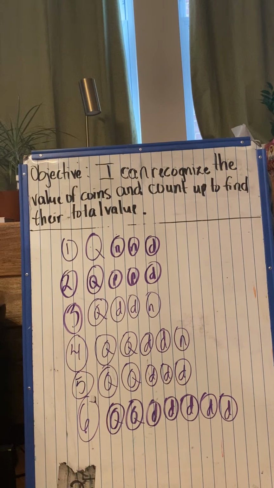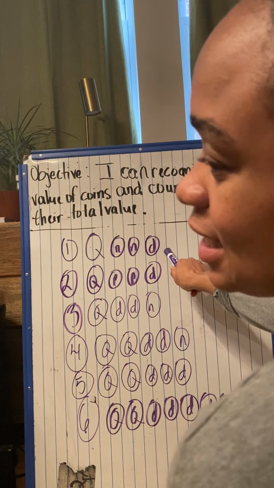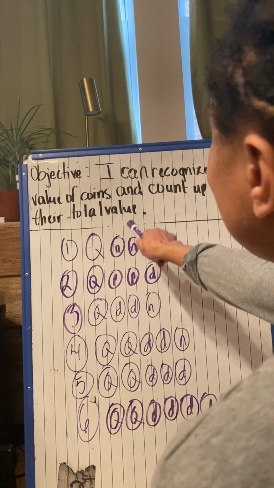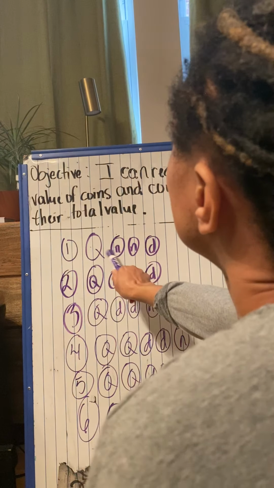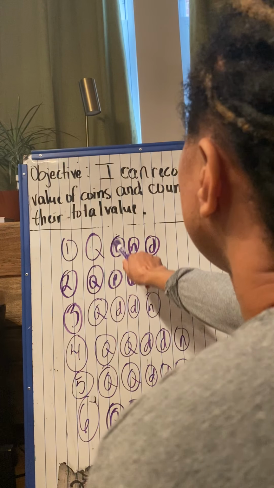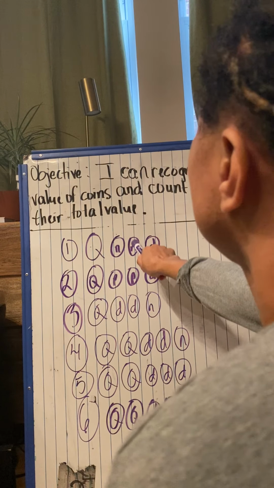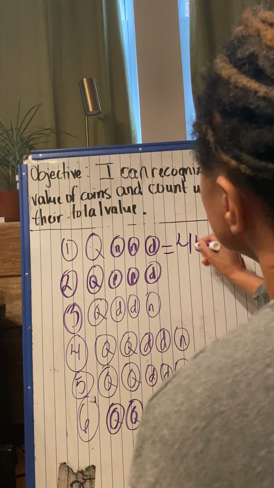You should have said 45 cents. 25, and then I will go to the next highest coin. 35, 40. Or if you wanted to add the nickel to the quarter, you could say 25, 30. And then we know that another dime would be 40. And then another nickel would be 45 cents.